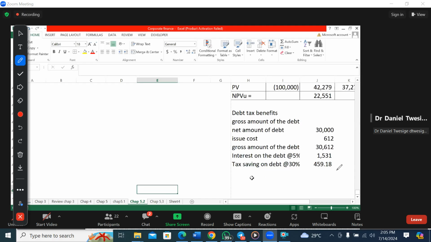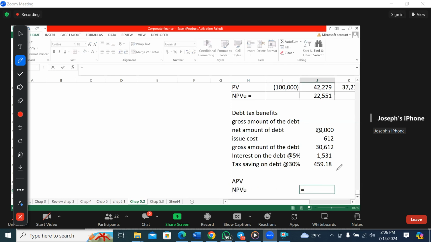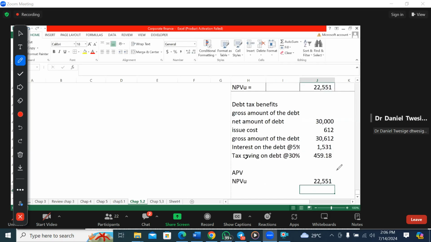So now I'm going to complete my APV. I'm going to get the NPV ungeared. We already got it. I think it's better you say tax saving on interest. NPV ungeared, we have it.